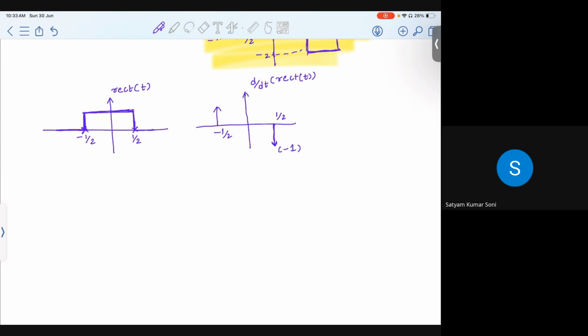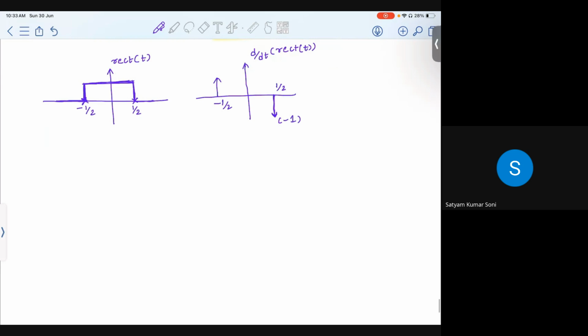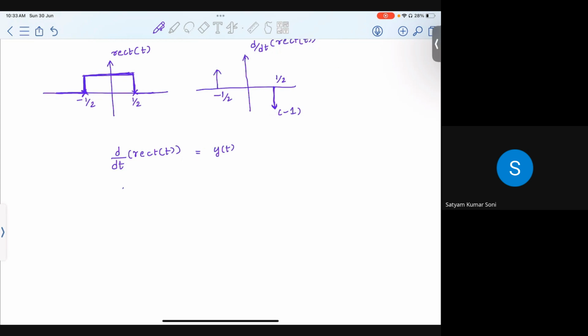The idea that you have to use here is that it should also work both ways. When you differentiate a rectangular function, if you get some signal y of t, since the differentiator is the inverse operator of integration, when you integrate this y of tau until t, you should be getting the rectangular function of t. That is also something you may have to verify.